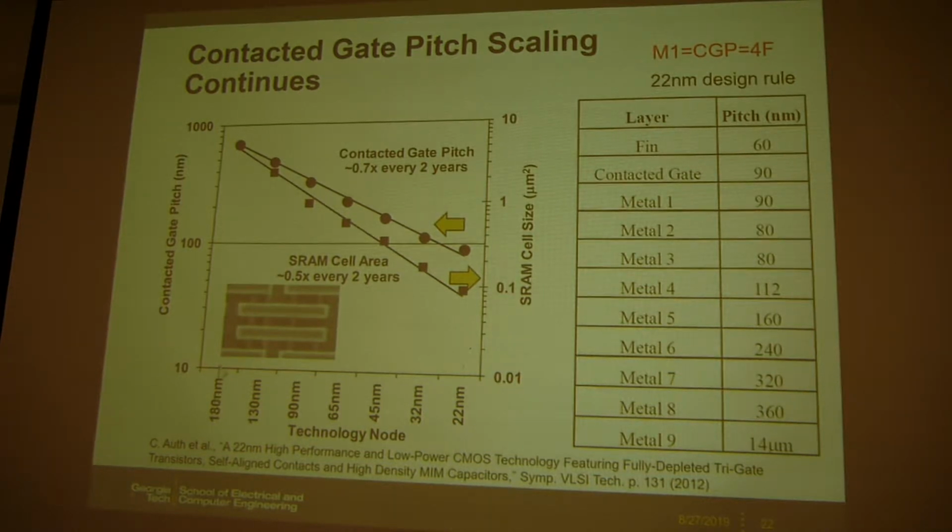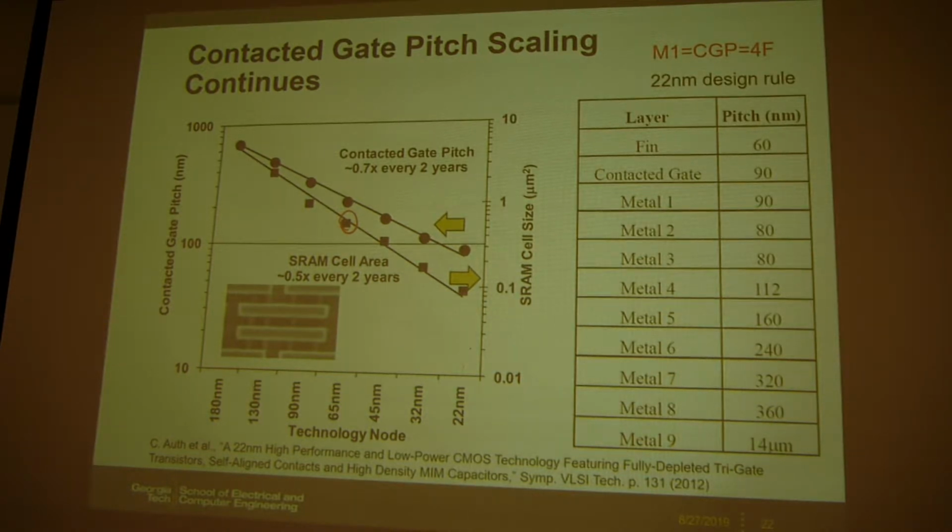So from 180 nanometer down to 22 nanometer, if you look at the SRAM cell area, it follows the Moore's law, about half of the area per generation, and each generation is about 2 years. This is till 22 nanometer.